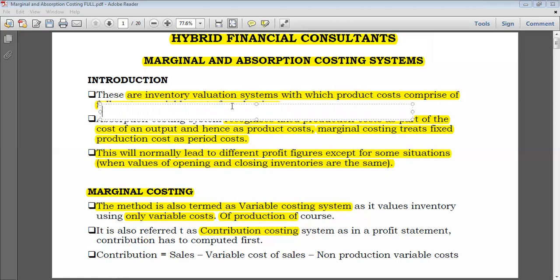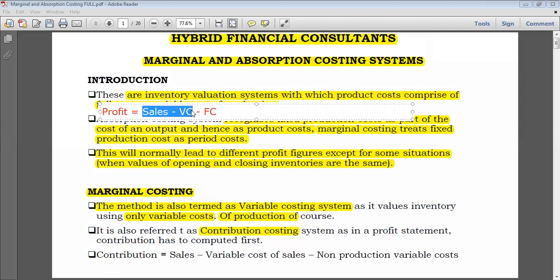I would say that my profit would be equal to sales, less cost. And my cost constitutes variable and fixed cost. So I would less variable cost, but also I would less fixed costs. Now, sales minus variable cost is what we call contribution.